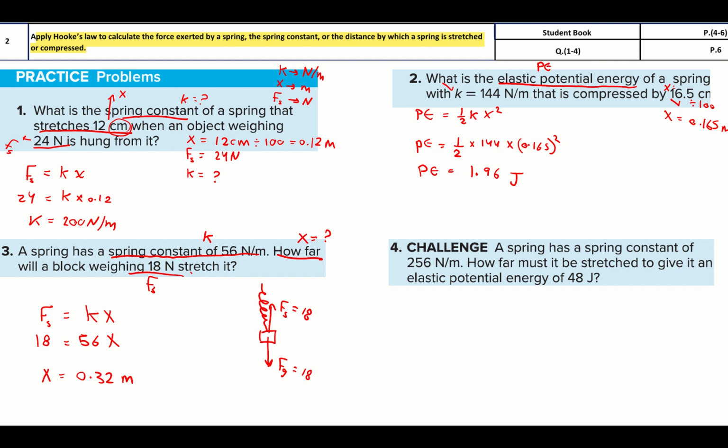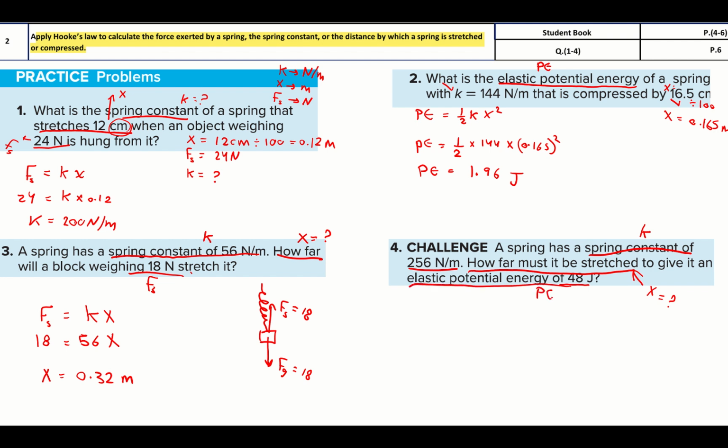A spring has a spring constant of 256 newtons per meter. So I have the spring constant given in the question. How far must it be stretched? So he wants me to find x. How far should I stretch this spring to give it an elastic potential energy of 48 joules?